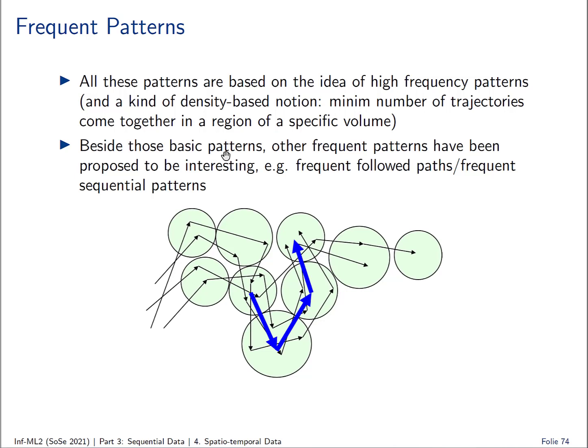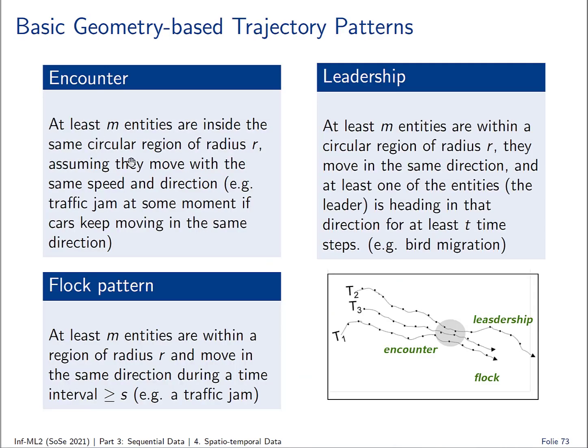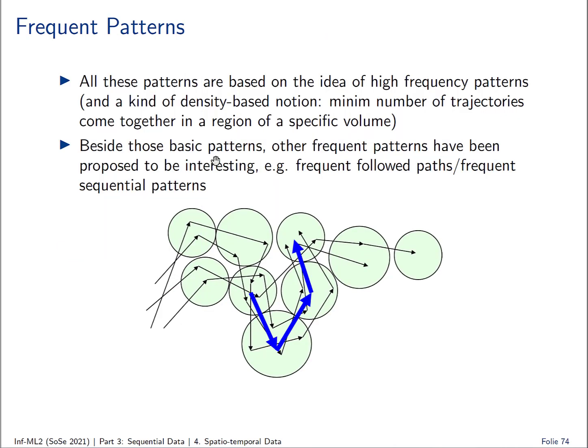The interestingness of the patterns of Laube et al. is somehow constrained to a circular region, the same speed and direction and so on, in a minimum entry. Okay, minimum entry is frequency, but the basic constraint of interestingness is this circular region. And of course you can get rid of these circular regions.